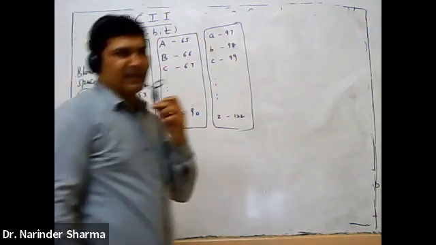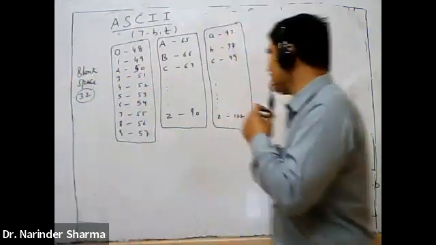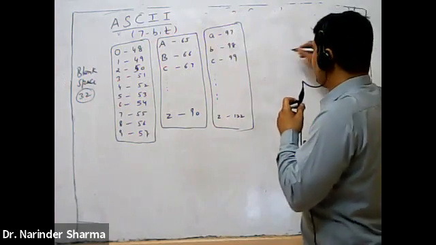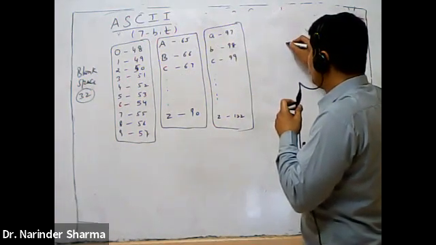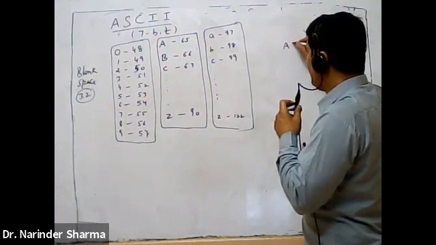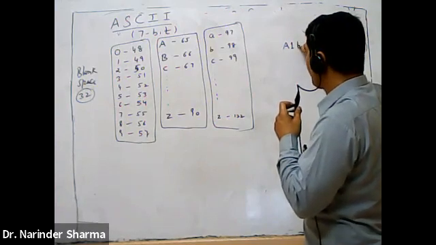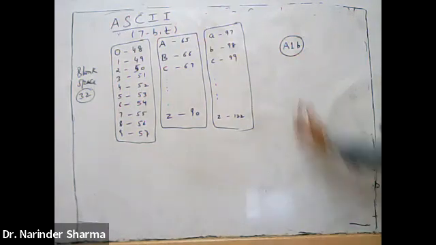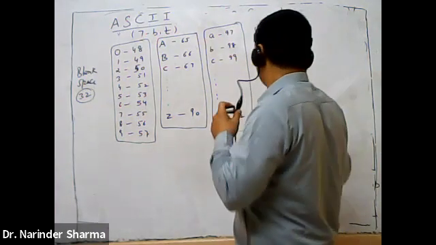So how can we convert anything to the ASCII code? For example, let us say I have A1B. This I have to convert into the ASCII code. 7-bit.